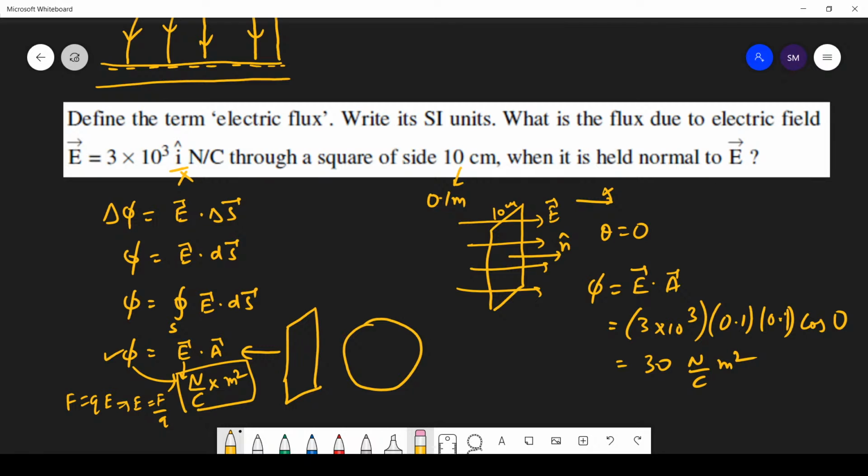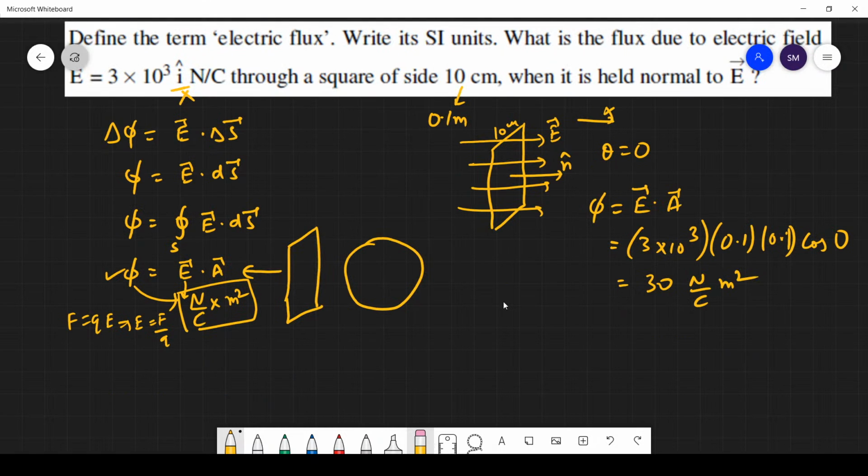So students, we also have a question in NCERT. This one was based on a definition.